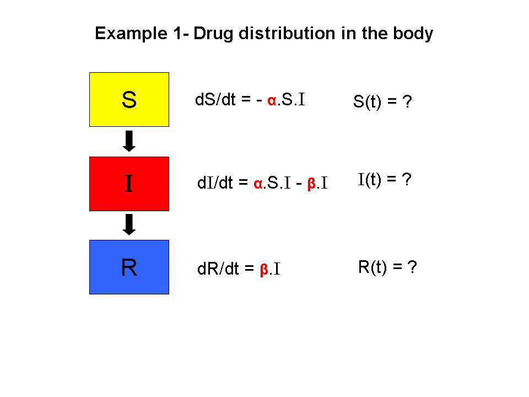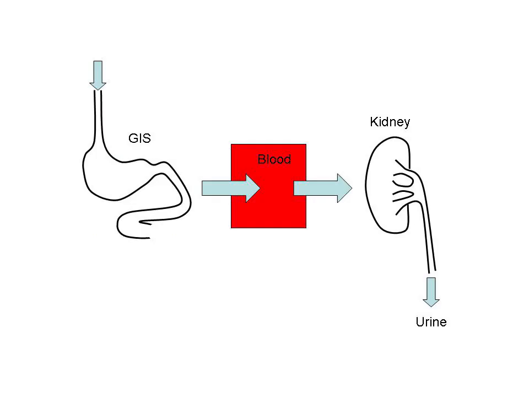However, we can use the same type of thinking to understand other stuff, like the distribution of a drug in the body. For example, we can think about the body made of different compartments, and the drug enters the body through one of the compartments and goes from one compartment to the other, and then from that one to the other one, and leaves the body.